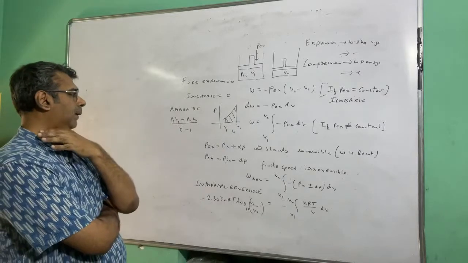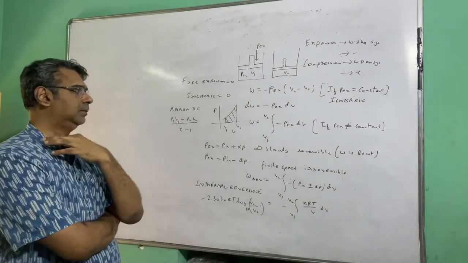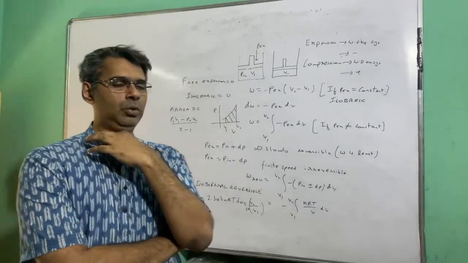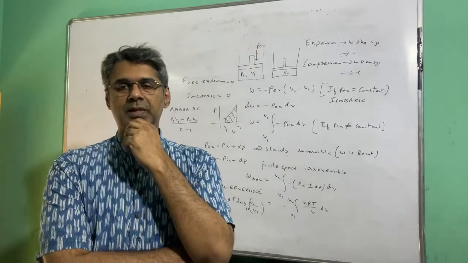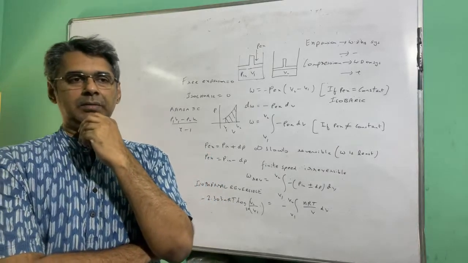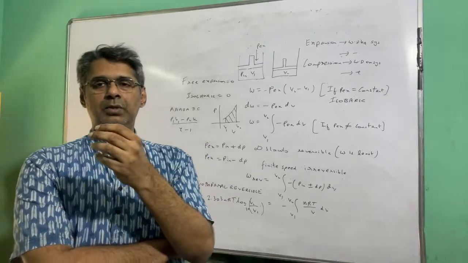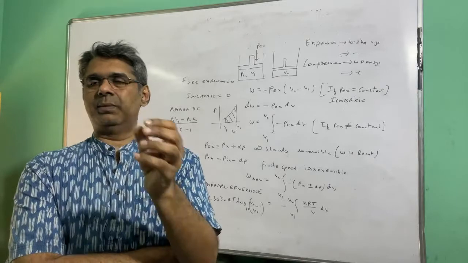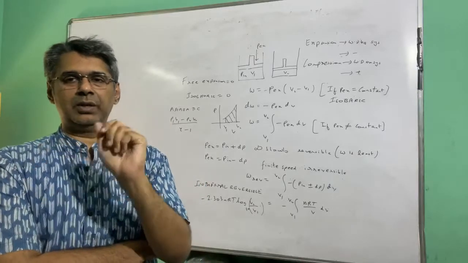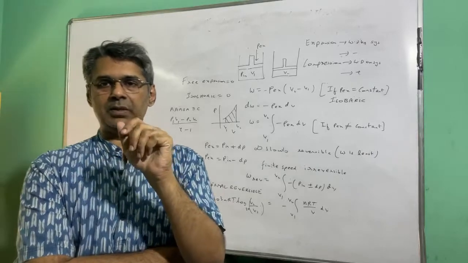Now the thing is that most of the time in chemistry thermodynamics, we are doing some experiment in the laboratory, in a test tube or in a beaker. So in laboratory conditions the pressure means atmospheric pressure, which is constant while the experiment is going on.